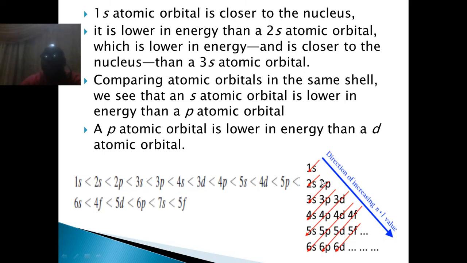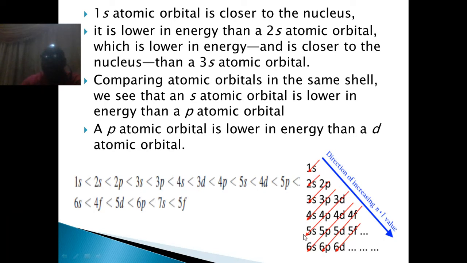So, when you are filling electrons, you first of all fill 1s. After 1s, you go to 2s. After 2s, you go to 2p, 3s. After 3s, you go to 3p, 4s. Before you now come to 3d. 3d is of higher energy than 4s. That's why you have to fill 4s before you go to 3d, and so on.